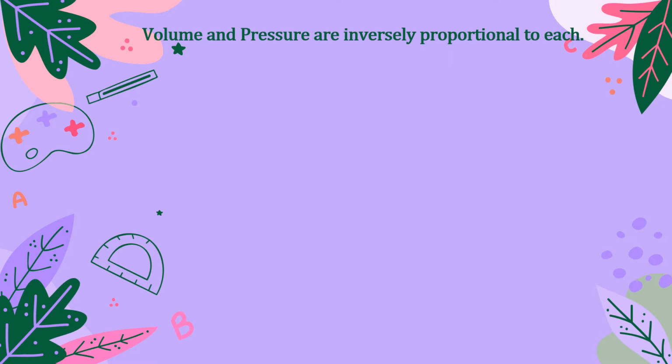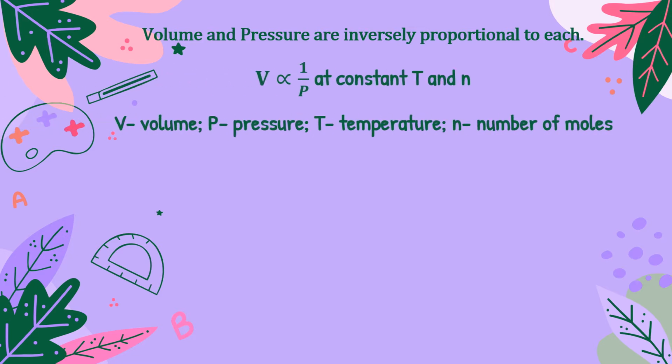In Boyle's law, he says that volume and pressure are inversely proportional to each other. This gives us this equation, wherein V, as in victory, is the volume that is inversely proportional to the pressure, with the symbol of capital P, at constant temperature with the symbol of capital T and constant number of moles with the symbol of small letter n.